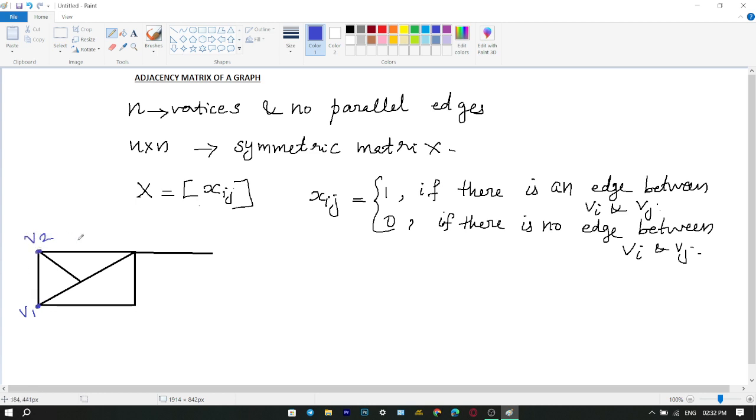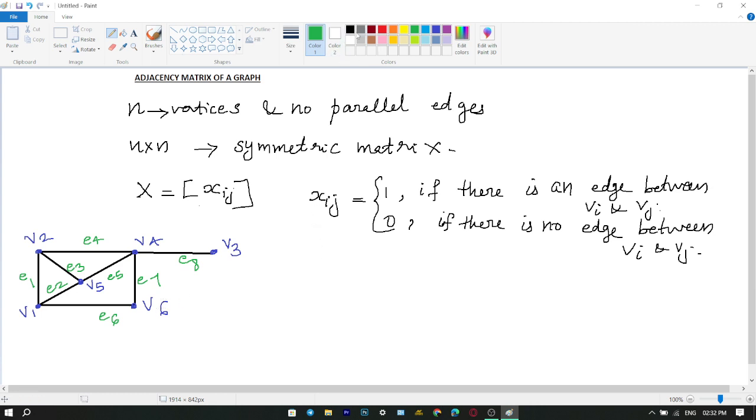Then here we have V2, V3, V4, V5, V6. Now we can name the edges also. Here we can name it as E1, then E2, E3, E4, then E5, E6, E7, E8.